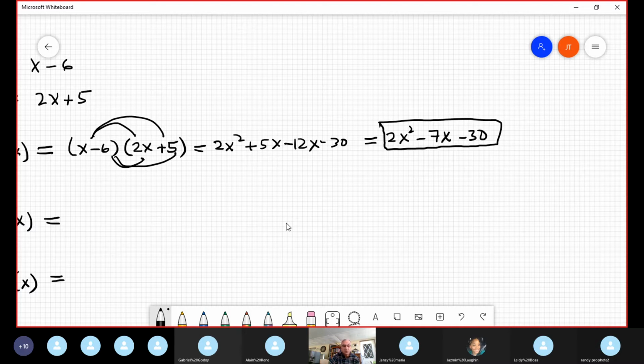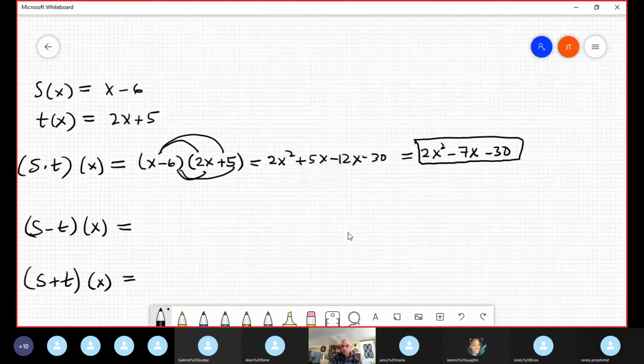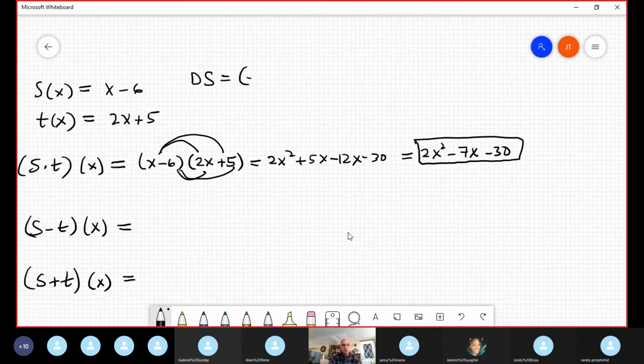And what about the domain? This is an important thing, and a confusing thing for students. The domain of s is all real numbers. How do you know? Remember the agreement: when you want to determine the domain of any function, you assume it's all real numbers except the restrictions. But we have no restriction because this is a linear function. Remember, we have restrictions when you have division, when you have a radical in the top or in the bottom.